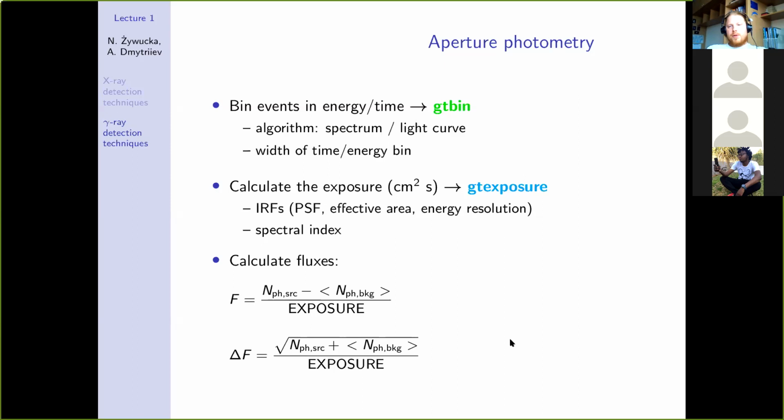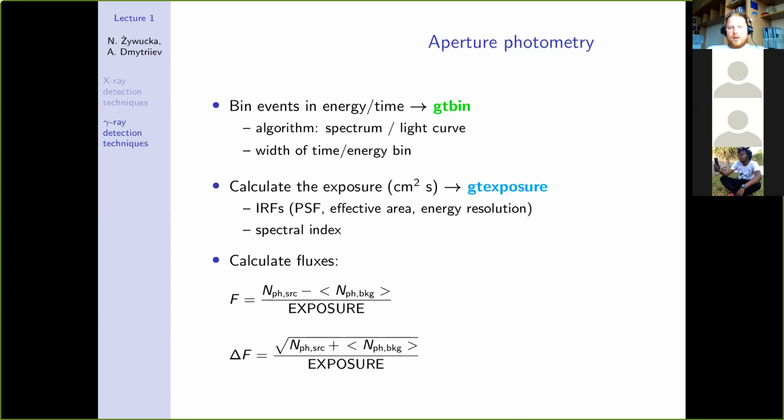And how to compute the error? Okay, this is Poisson statistics. We are assuming Poisson statistics. So if you subtract 2 quantities, the error on their difference will be the square root of the sum of the squares of the errors.